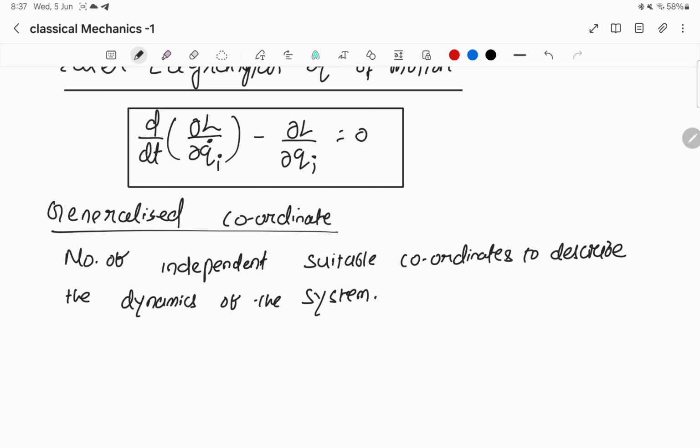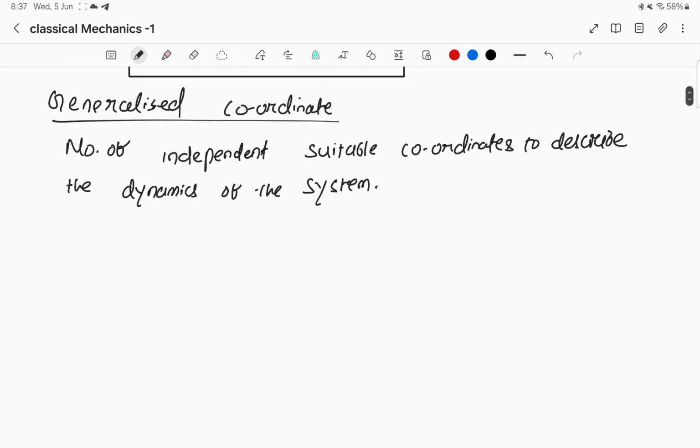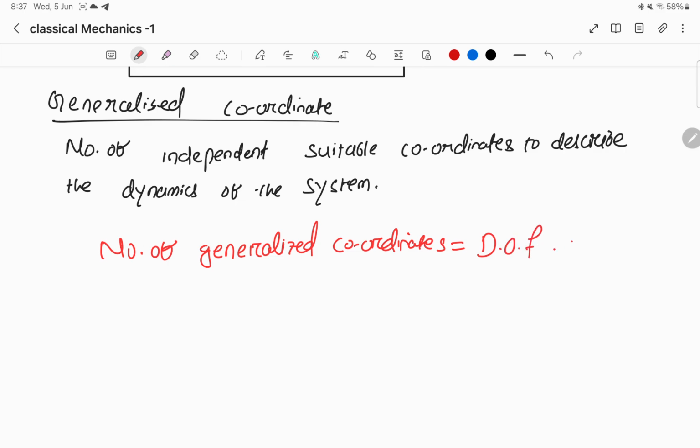According to your comfort, you can define the generalized coordinates. That's totally up to you. And remember one thing, the number of generalized coordinates is equal to the degrees of freedom of the system. Clear? You have to remember this. That's why I have written it in red.